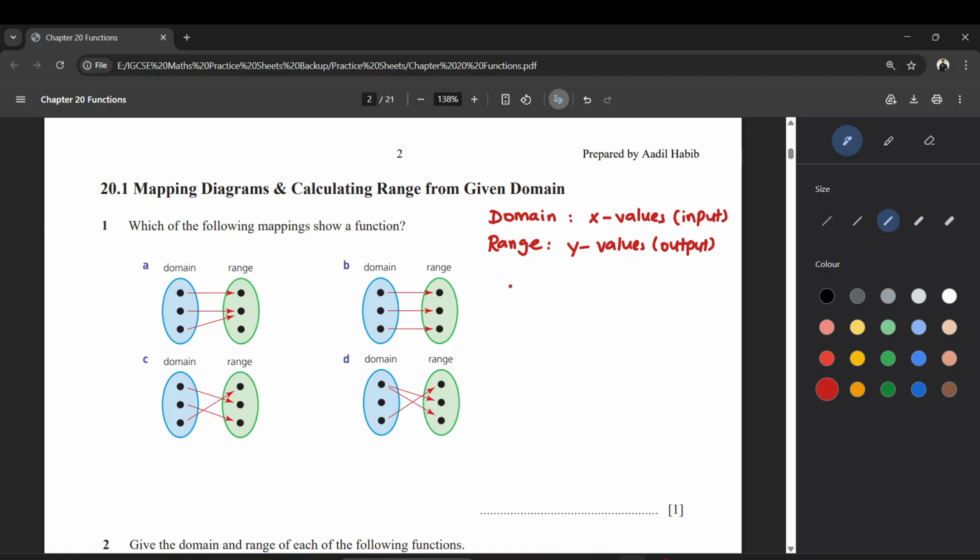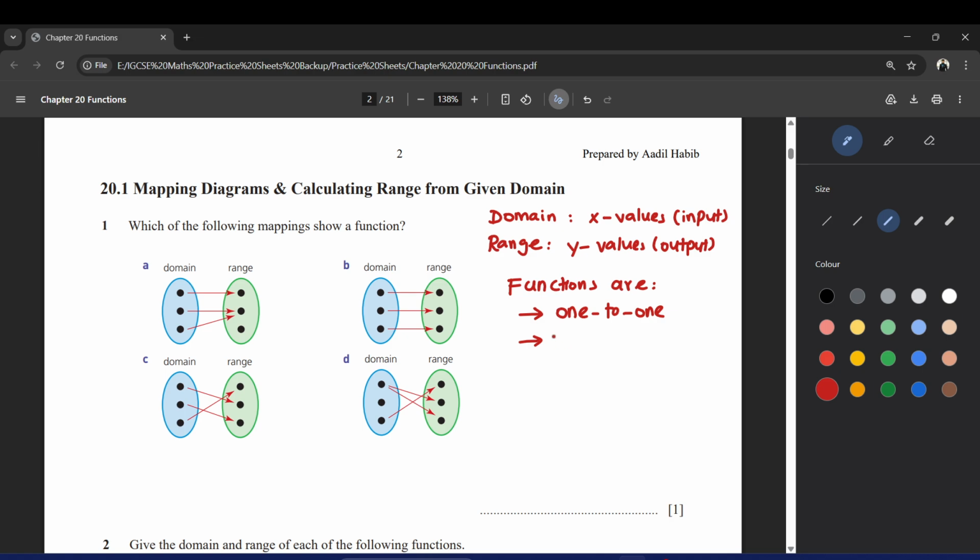The second concept that we have to write down over here is that functions are of two types. They can be one to one, where for each value of domain you have one value of range. So one value of domain is mapped exactly onto one element of the range.